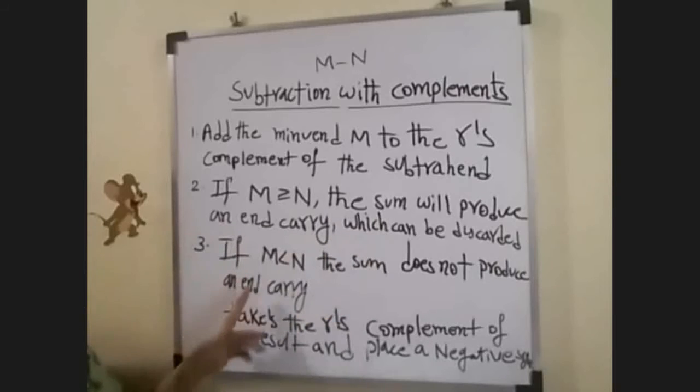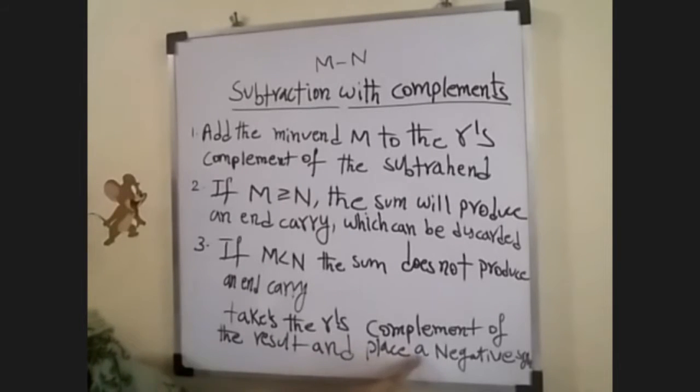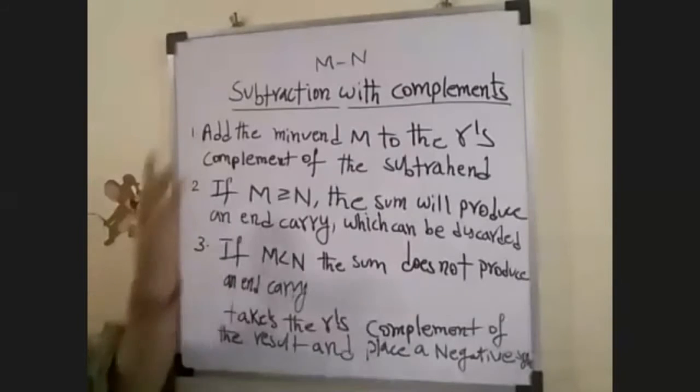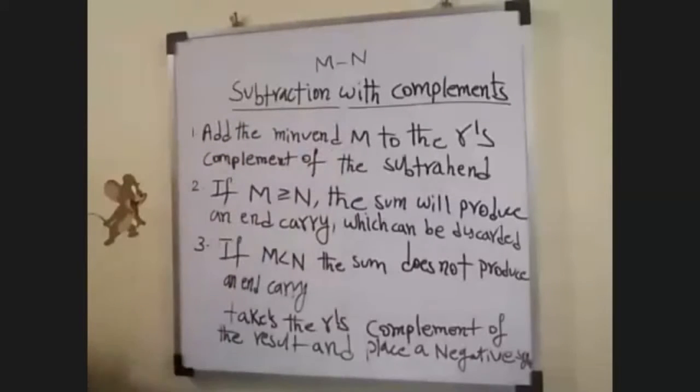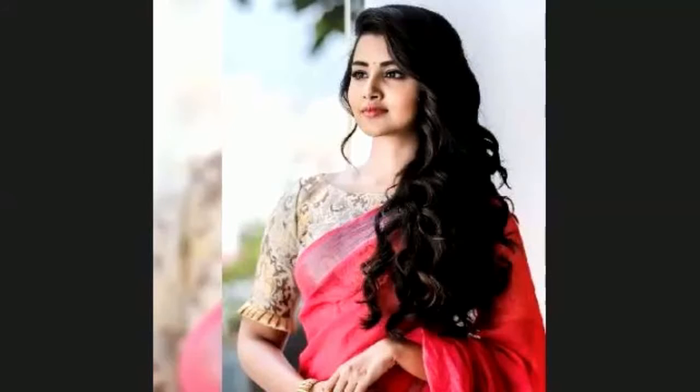If it does not produce an end carry, take the complement of the result and place a negative sign in front of that result. So these are the three steps we use in subtraction with complements.